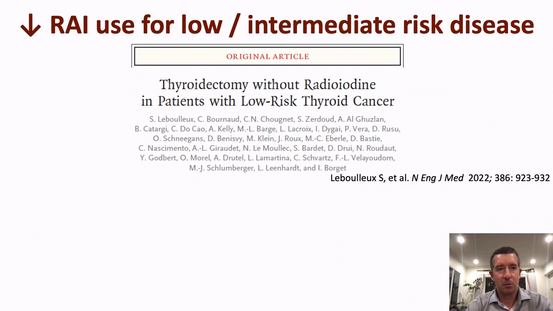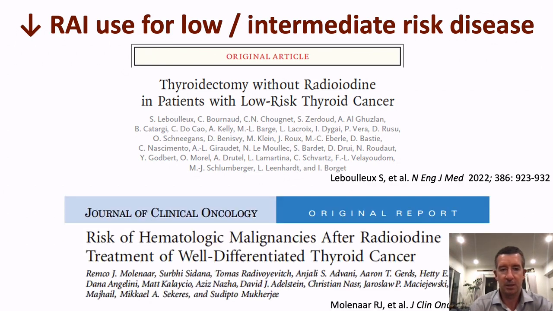But there has been a trend in more recent years toward reducing radioactive iodine use, particularly for low and intermediate risk disease, with studies such as this one showing non-inferiority of omitting radioactive iodine in patients with low-risk thyroid cancer, and also increasing reports of the risk of haematologic malignancies after radioactive iodine, which have really tempered its use in patients with low-risk disease over the last 10 to 20 years.